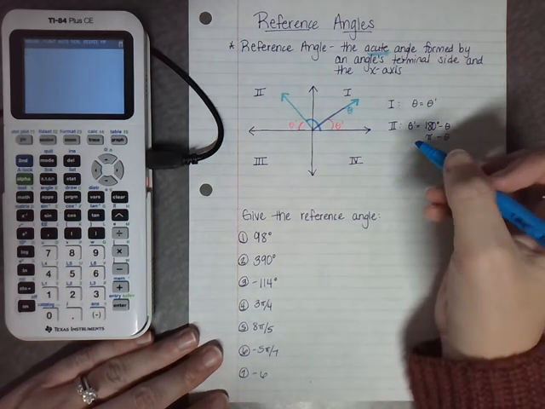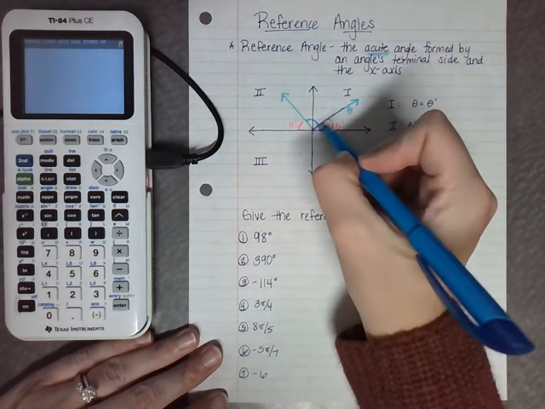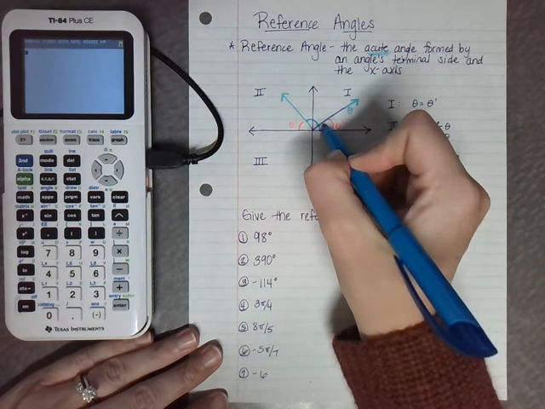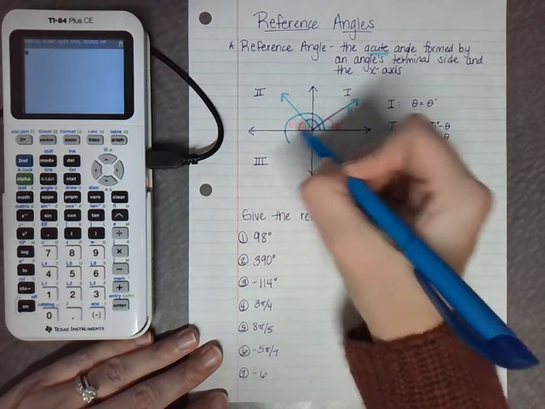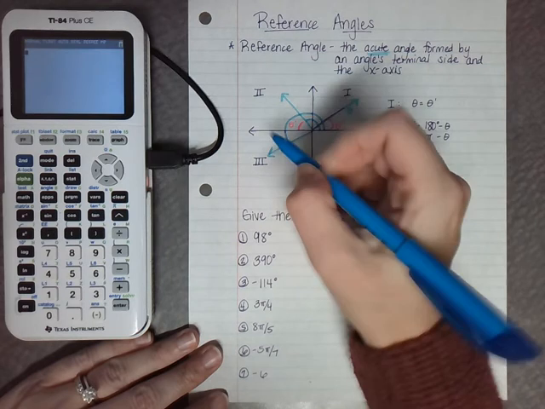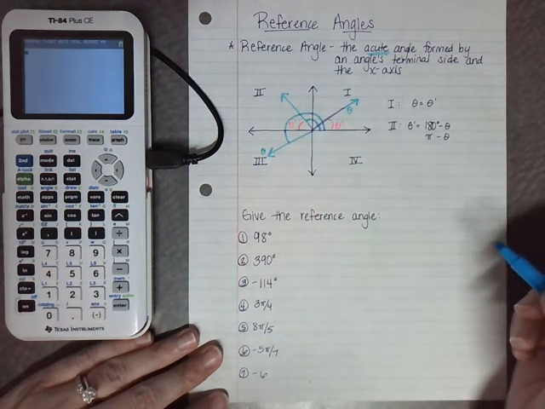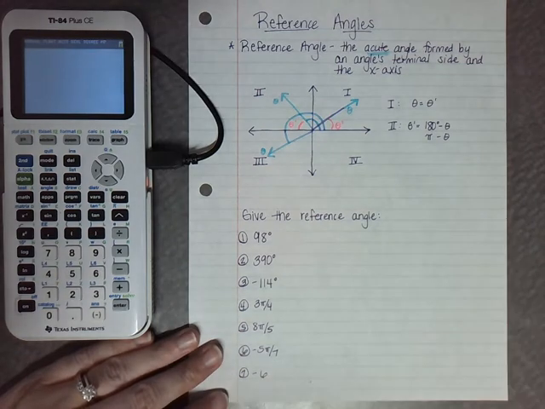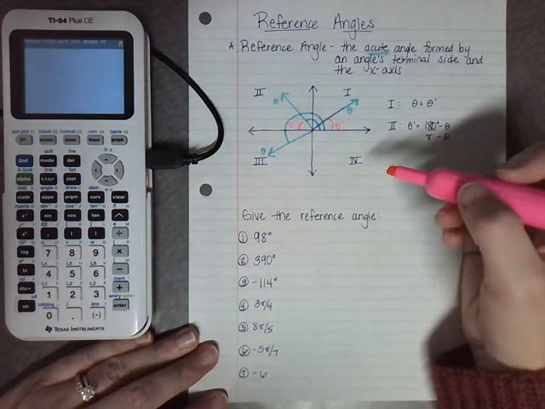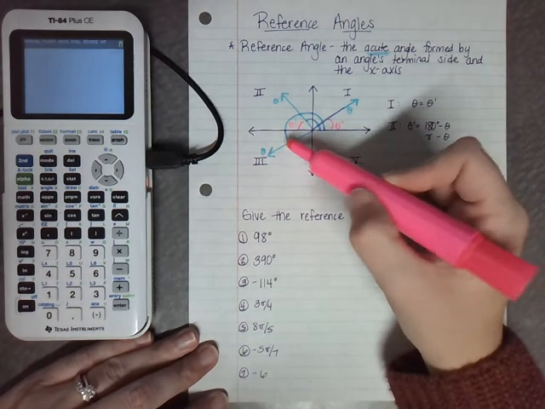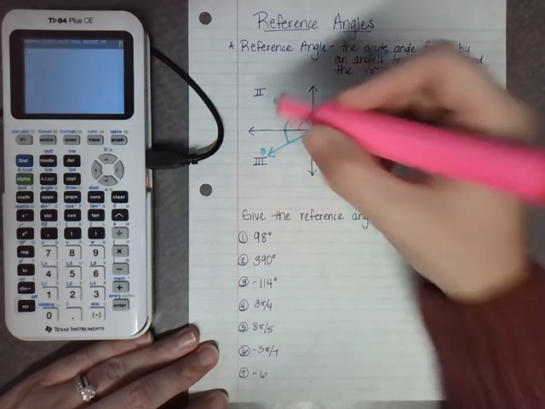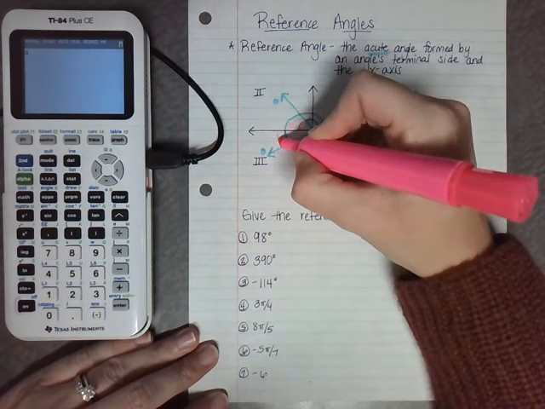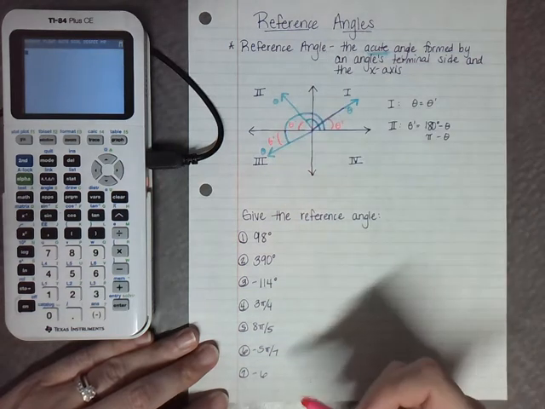Now let's look at an angle in quadrant 3. If we're in quadrant 3, we start here, we go all the way around to quadrant 3. So here's our angle, that's our theta. Forgot to label my theta in the last one. All right, our theta prime. The closest side of the x-axis is the left side, not the right side. So this right here is theta prime.